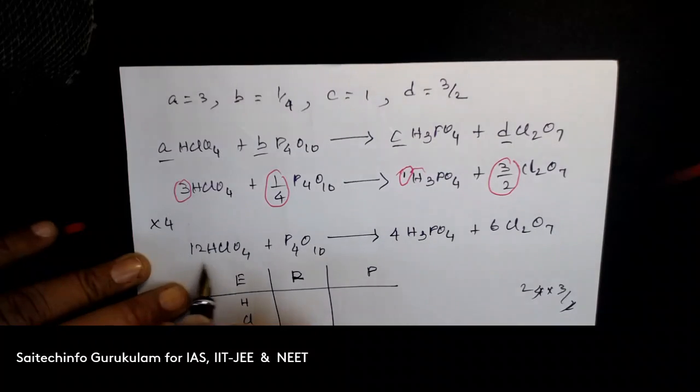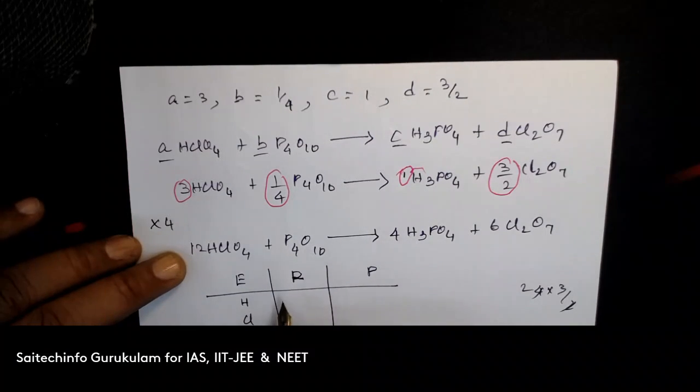Hydrogen on the reactant side is 12, and on the product side 4 into 3, that is 12.